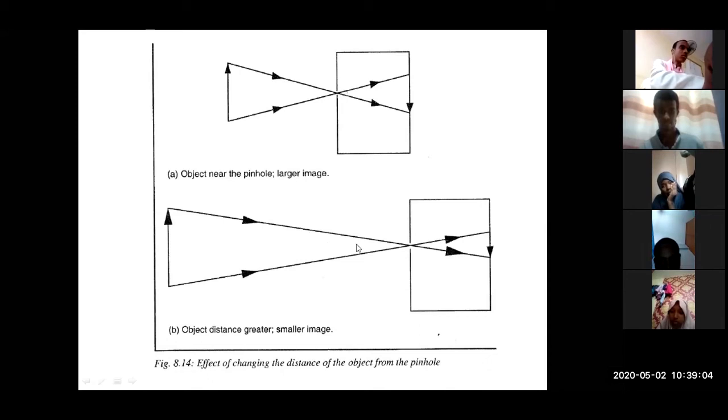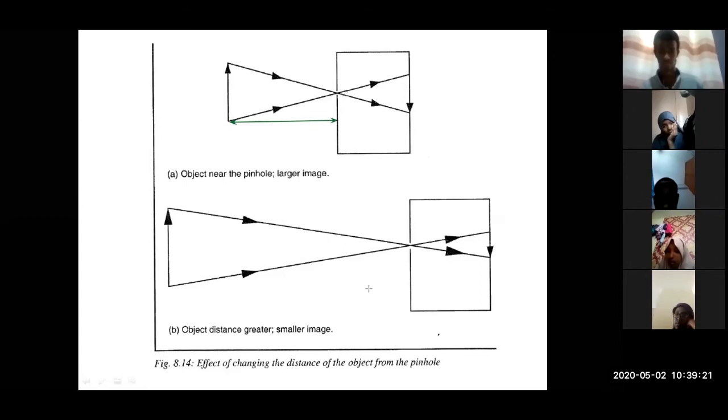Now, apart from object distance, it's also possible that we can vary the image distance. I want to demonstrate, assuming the object distance remains constant. So I'm taking that this distance does not change. That distance just remains. Let's give it a name D. It just remains there.